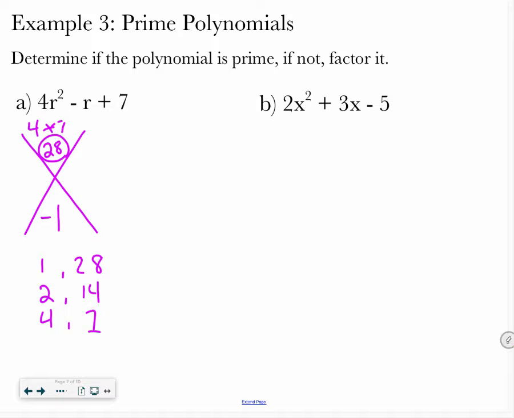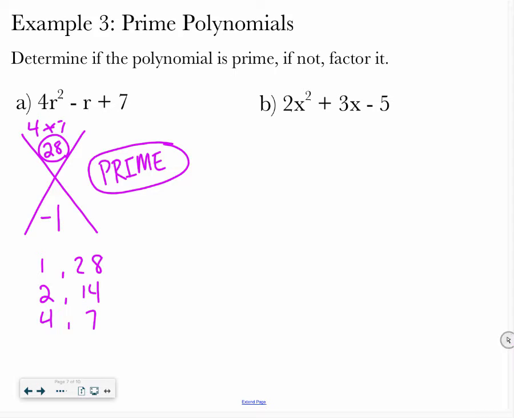So those are all of our factors that go into the number 28. So that means that since none of these add to 1, this polynomial is considered prime.